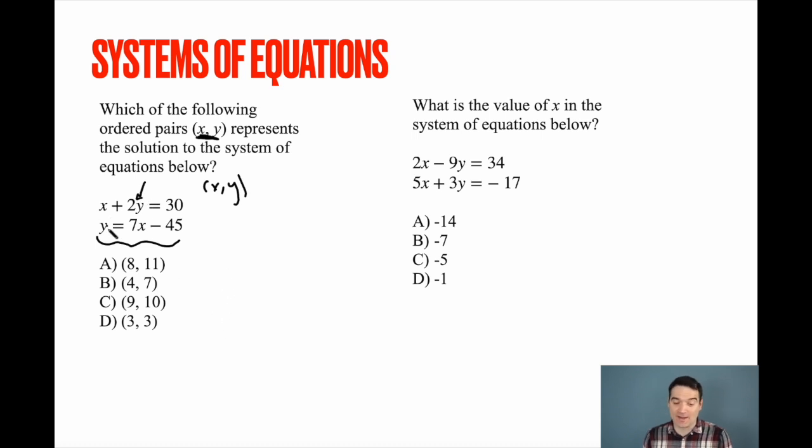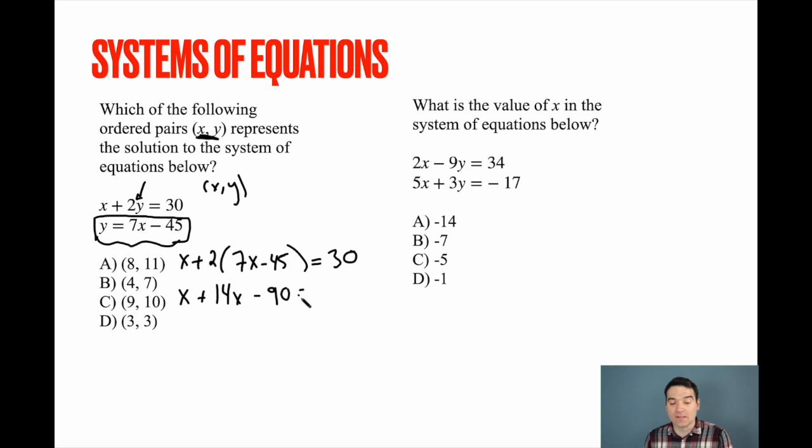I'm going to go ahead and do that right now. So going back through the steps here, I'm going to take this value, y equals 7x minus 45, and I'm going to plug it in there, the whole thing right in for that y. Here's what that looks like. x plus 2 times 7x minus 45, boom, equals 30. There it is. So let's distribute and simplify. x plus 14x minus 90 equals 30.